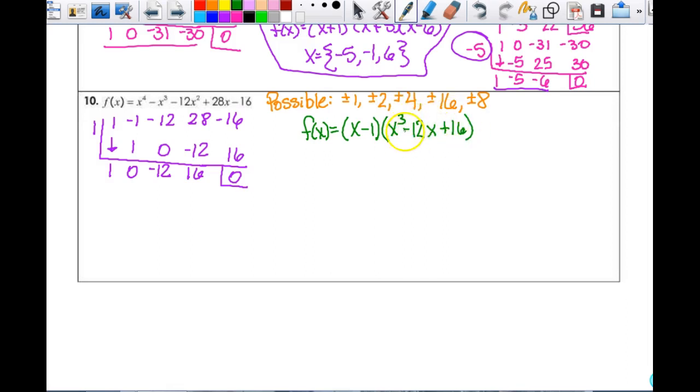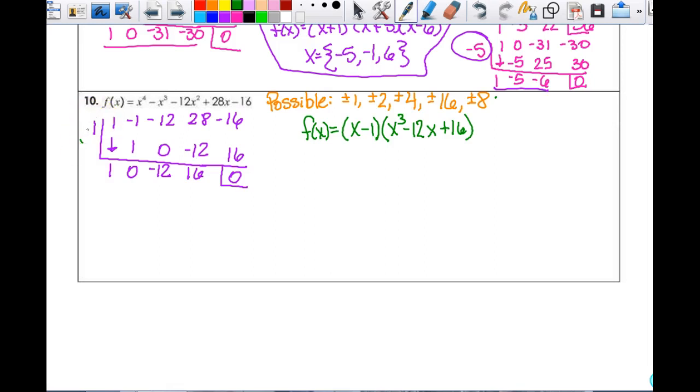Since this is negative here, I know I'm going to have 2 negatives in there at some point, right? If this is negative, then my actual zero is what? Positive. So I've got a couple positives going on. I'm going to stick with positives here, because I have more positives than negatives in here.